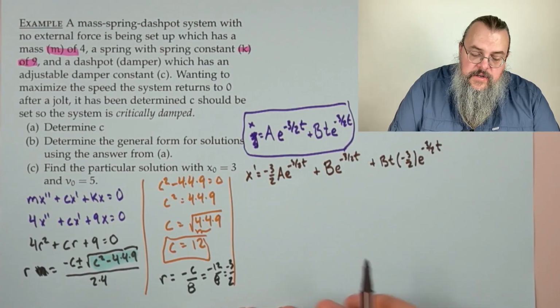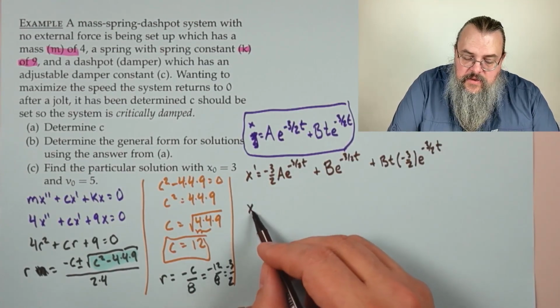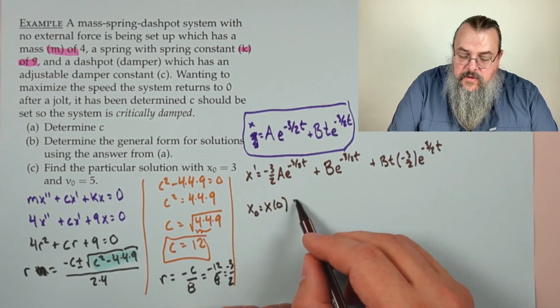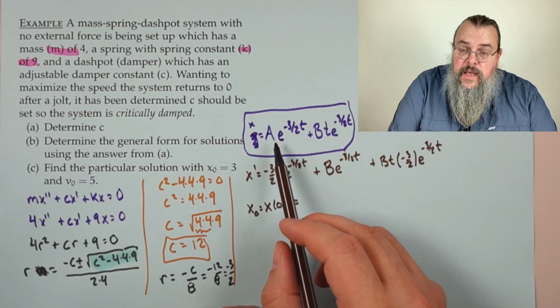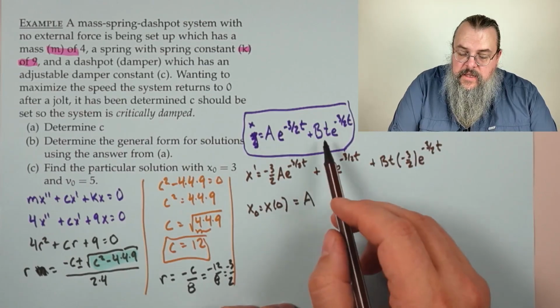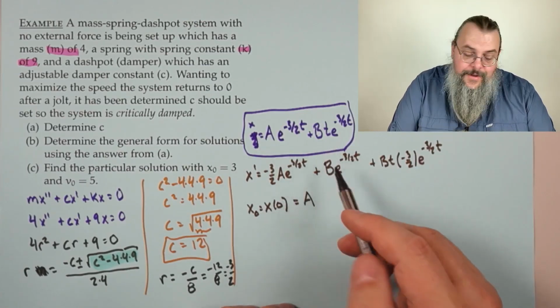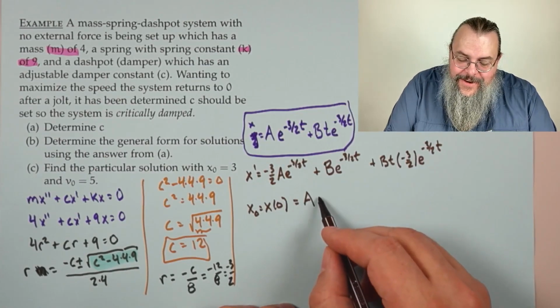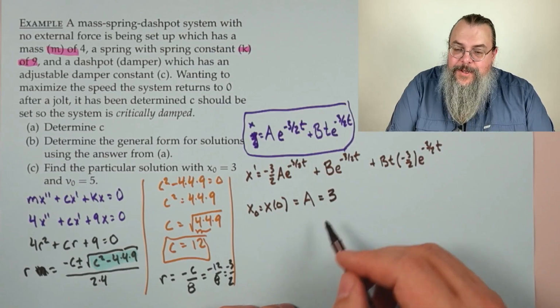Now we plug in our zeros. So x of 0, that's what happens at time 0, is, well, plug in 0, you get a, and here we get 0. Well, that was actually rather convenient. All right, so that is equal to 3.